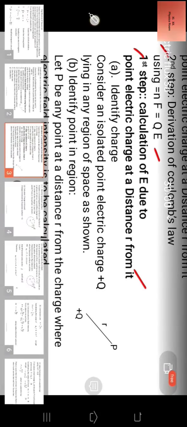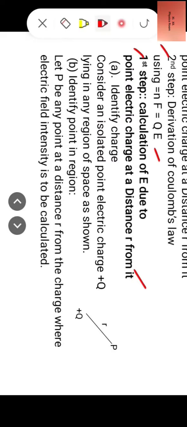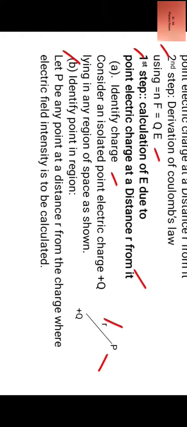So let us follow the 7 steps. First step is identify charge. Consider an isolated point electric charge plus Q lying in any region of space as shown. B. Identify point in region. Let P be any point at a distance r from the charge where electric field intensity is to be calculated.